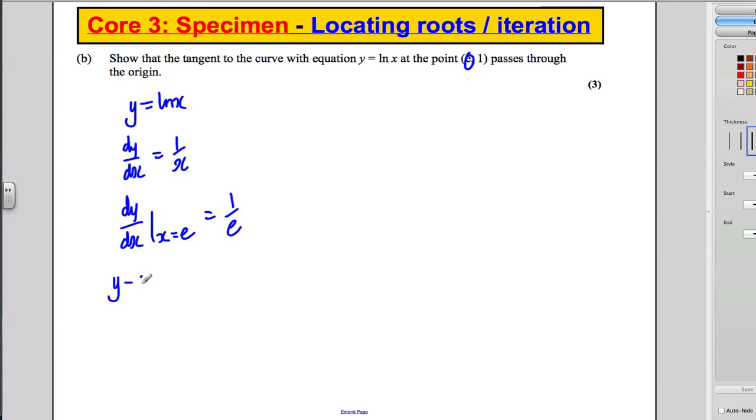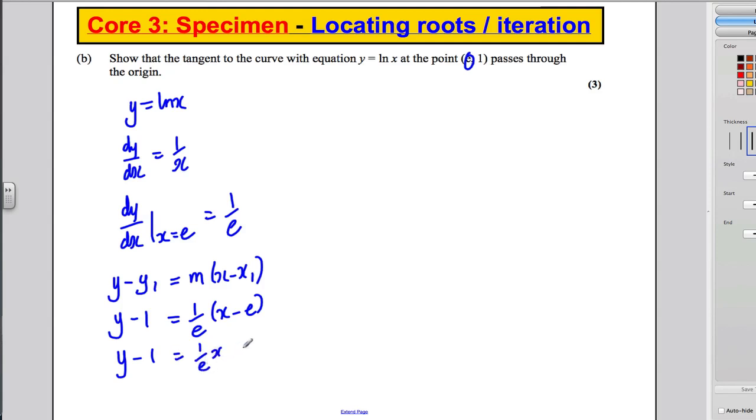Then using y minus y1 is equal to m(x minus x1), and a point on the line x1, y1 is e, 1, we could type y subtract 1 is 1 over e, x subtract e, and multiplying through, y minus 1 is 1 over e x, subtract 1, and we could add 1 to both sides, and we would get that y is equal to 1 over e, x.